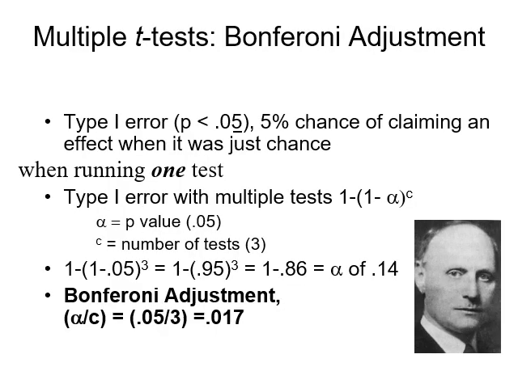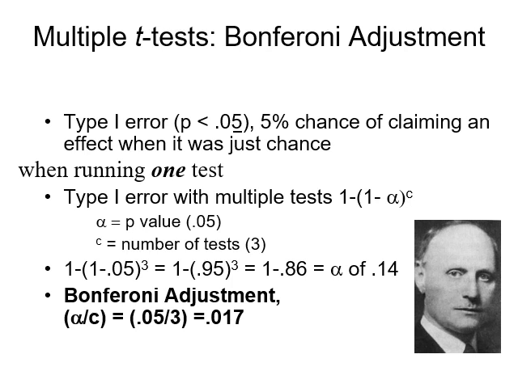When we're doing a priori tests, we do have to acknowledge that if we are running multiple t-tests, then we probably need to do an adjustment. So the type 1 error rate, again, of 0.05 is that 5% chance of claiming an effect when it was just due to chance. But that's for when we're running a single test. And there are 2 ways to do an adjustment. The Bonferroni adjustment is a fairly simple method.